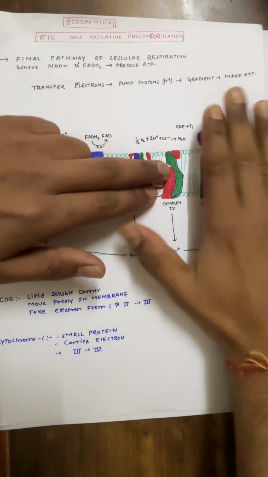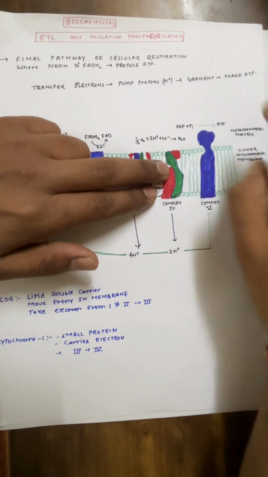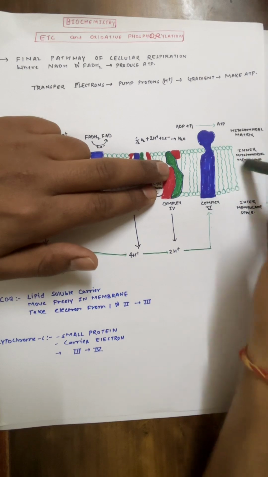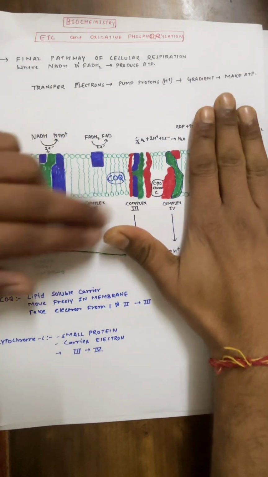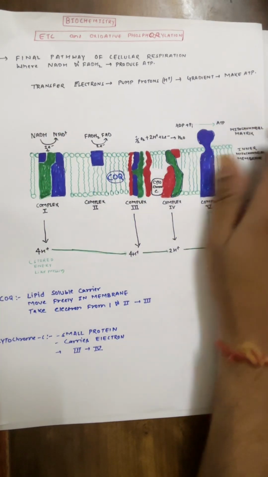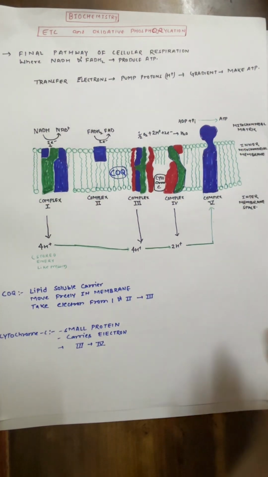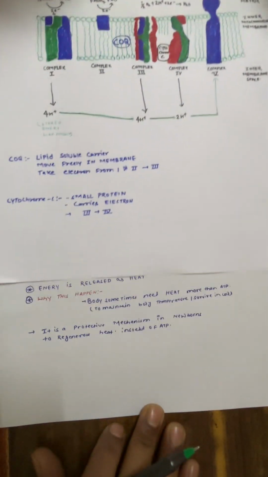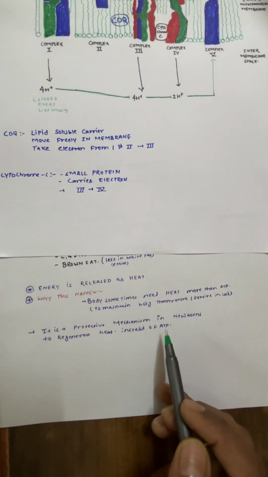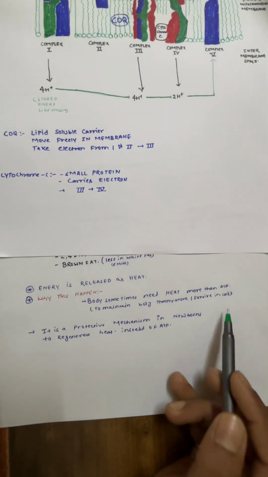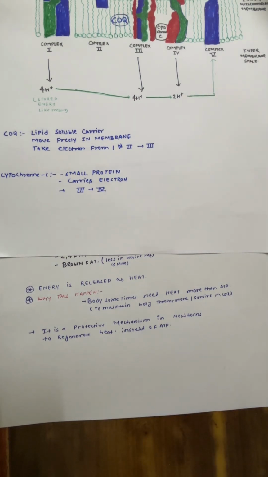They will just bypass this step and produce more and more heat in the inner mitochondrial membrane, like in brown fat, so that our body temperature is maintained, or so that we can survive in the cold. It's also a protective mechanism in the newborn child.